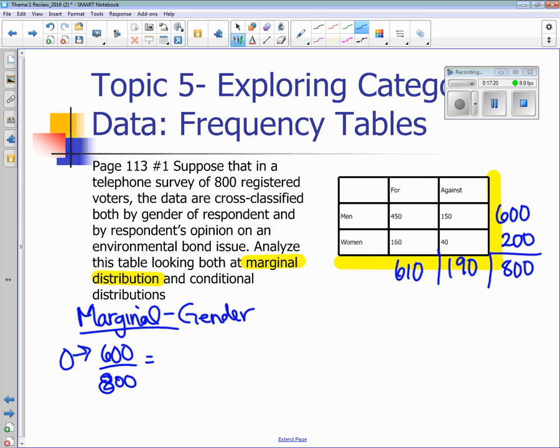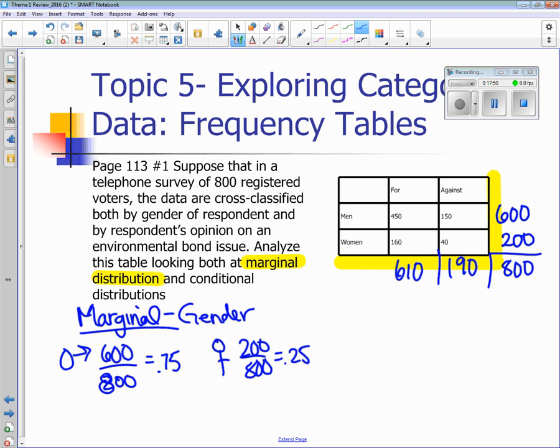I'm saying the right thing, but writing the wrong thing. Then we have females, 200 out of 800, which is just 0.25. So that is the marginal distribution just for gender. You could do the same thing for their opinion on this particular bond issue. Marginal distributions: divide by your total.